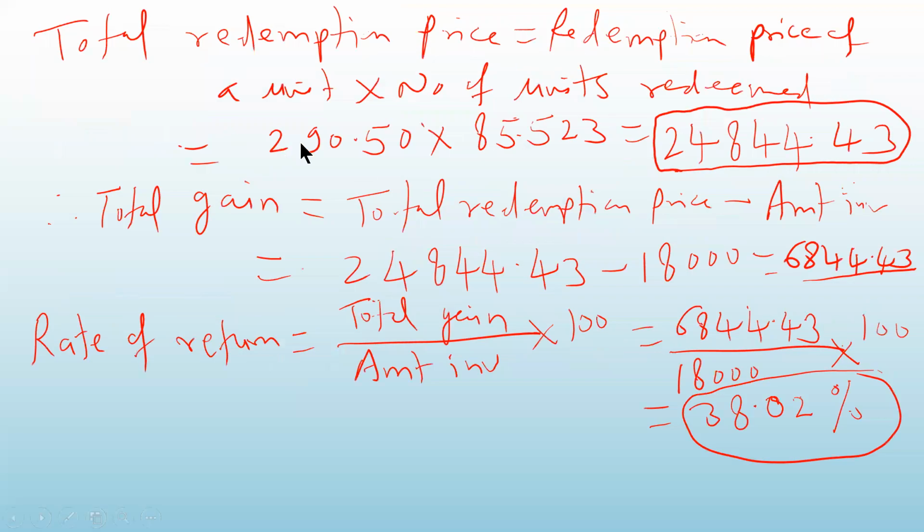Then we found the total redemption price by multiplying the redemption price of a unit by the number of units. And then you just subtract the amount invested from the total redemption price. Let us go to the next one.